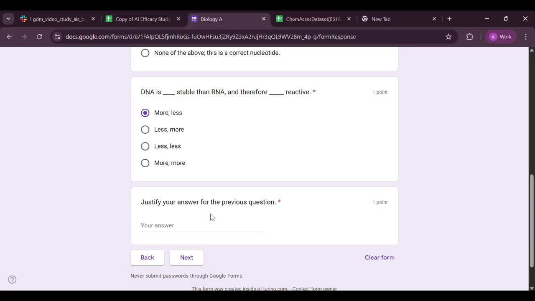As we can remember, RNA contains two hydroxyl groups, making it more reactive than DNA and also less stable.